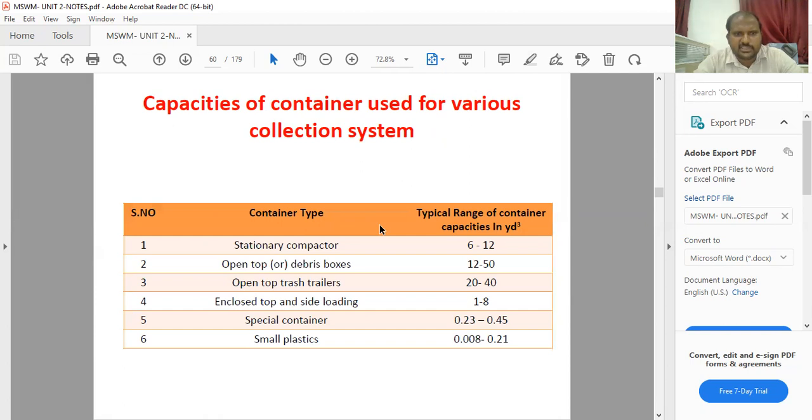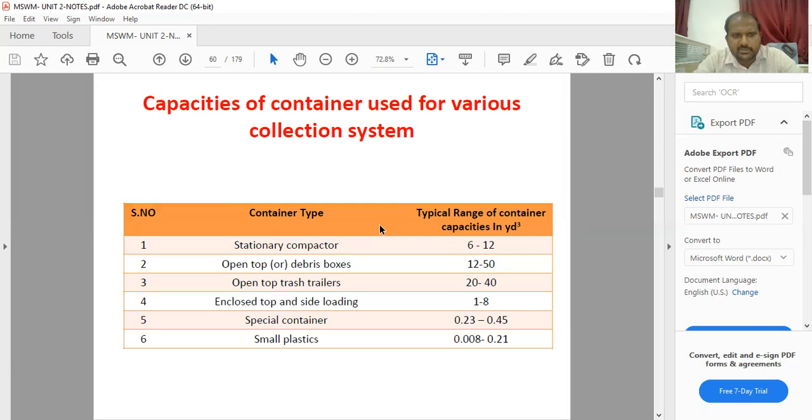Now the capacity of containers used for the various collection systems. The first one is the stationary container type, and the stationary compactor has a capacity of 6 to 12 cubic yards. The second one is the open top or debris box, with a capacity of 12 to 50. The third is open top trash trailers, at 20 to 40.